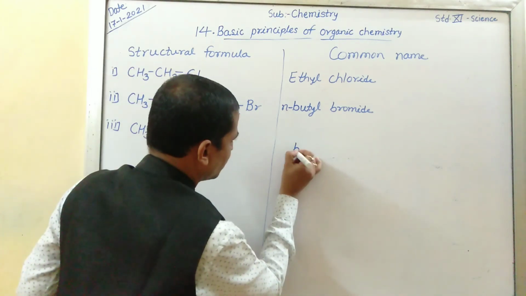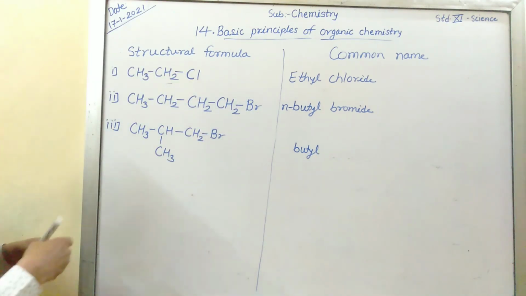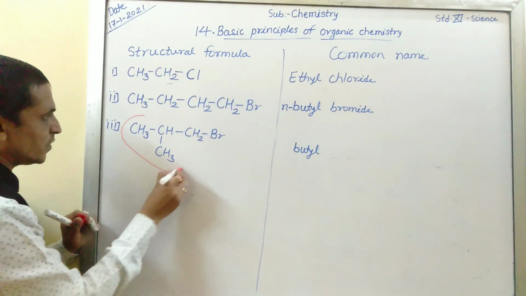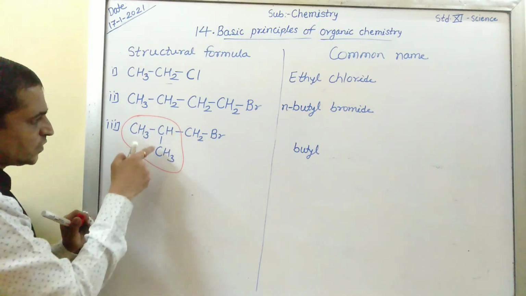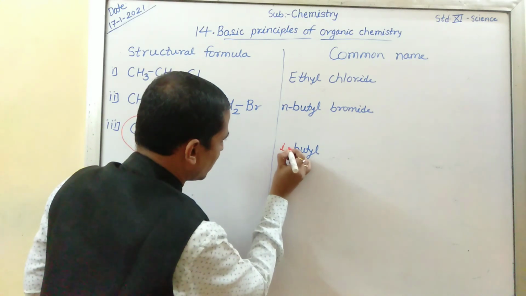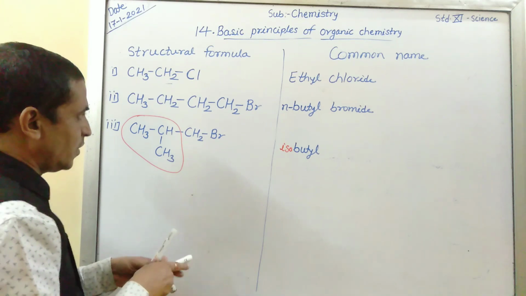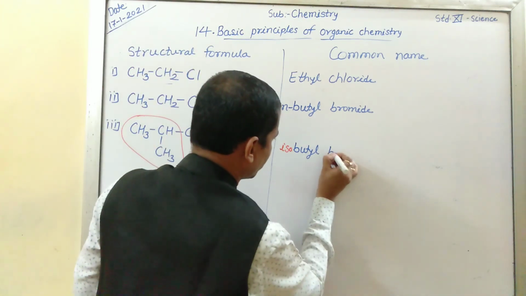Alkyl group is butyl. But see the position. See this position. CH3 CH CH3. This position is called as what? Iso. So name is iso butyl. Isobutyl bromide.